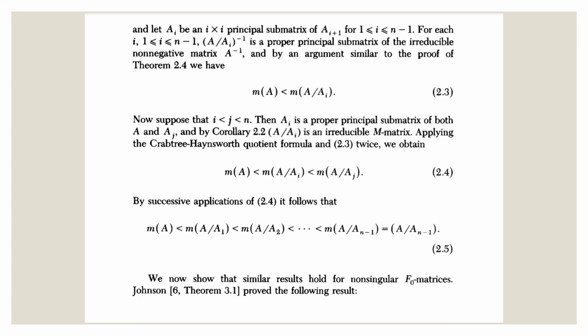And by an argument similar to the proof of Theorem 2.4, we have m of A less than m of A/Ai. Now suppose that i less than j less than n, then Ai is a proper principal submatrix of both A and Aj, and by Corollary 2.2, A/Ai is an irreducible M-matrix. By applying the Carpentry-Heisenberg-Courant formula and 2.3 twice, we obtain m of A less than m of A/Ai less than m of A/Aj.